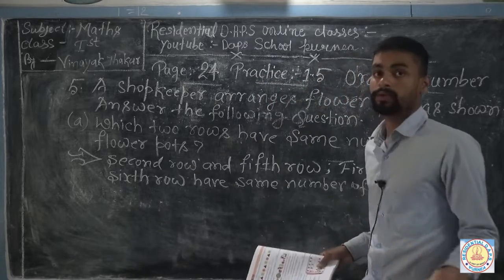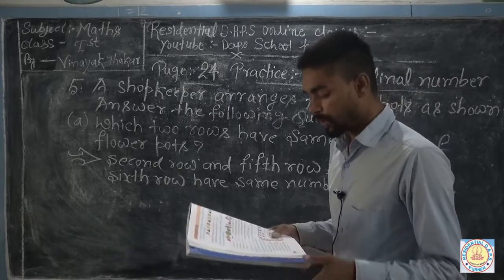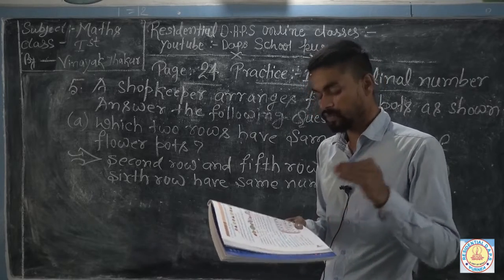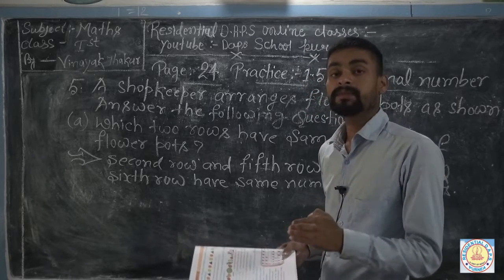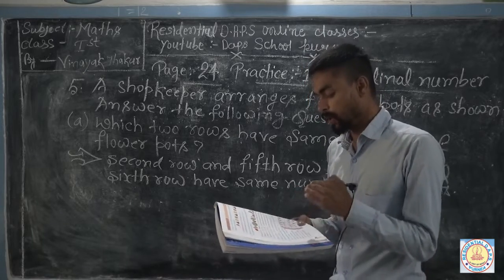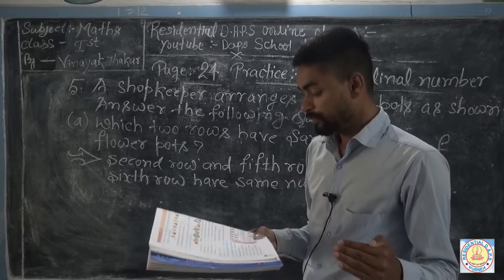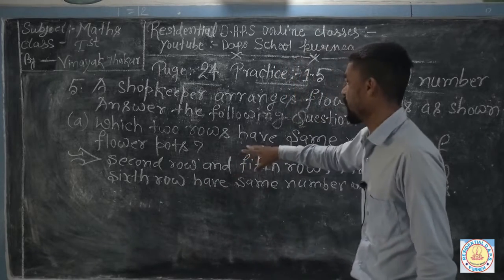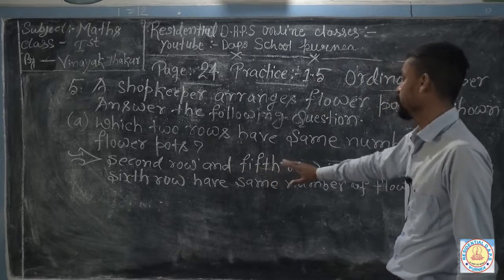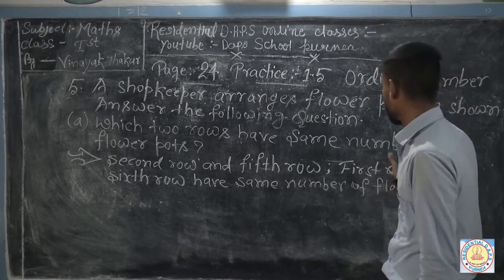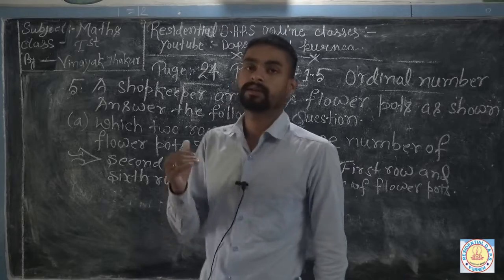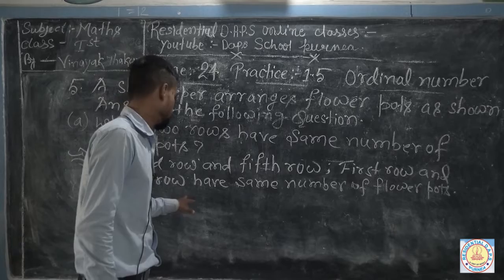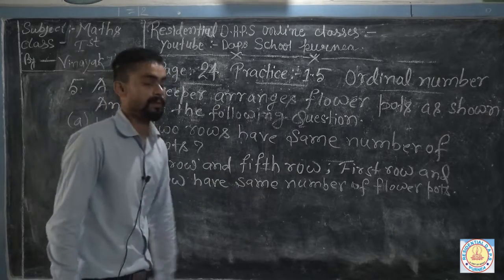You can also look easily in your book that your first row and the sixth row have the same number of flower pots, and your second row and your fifth row have the same number of flowers.